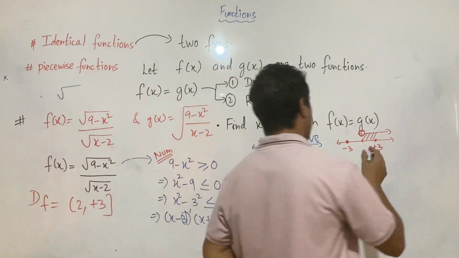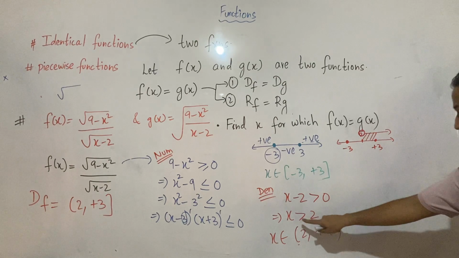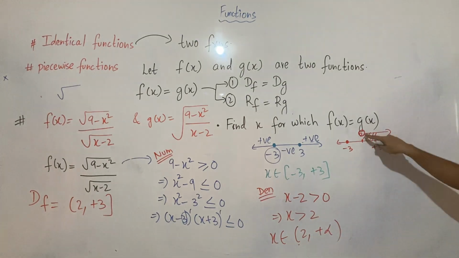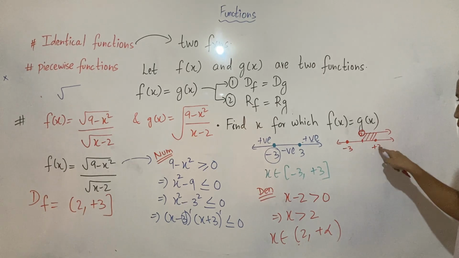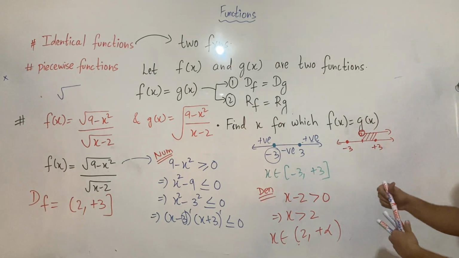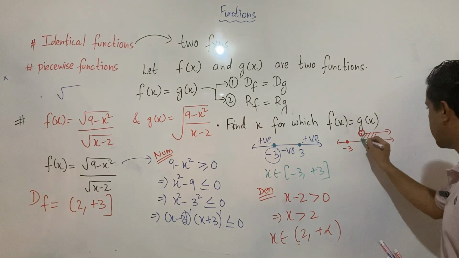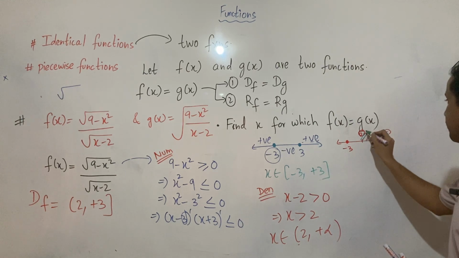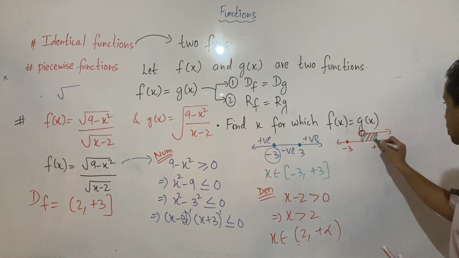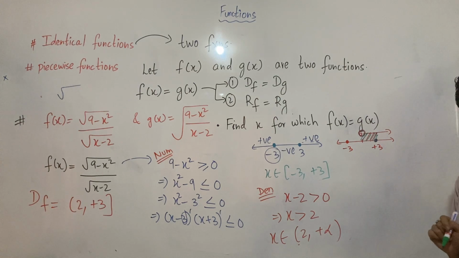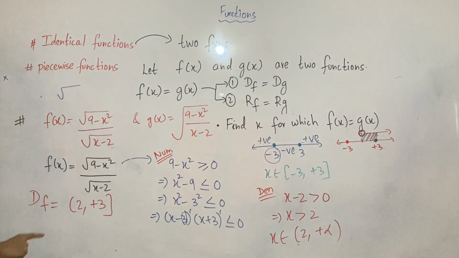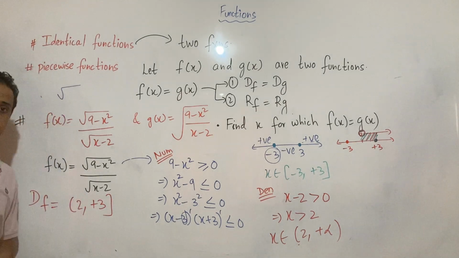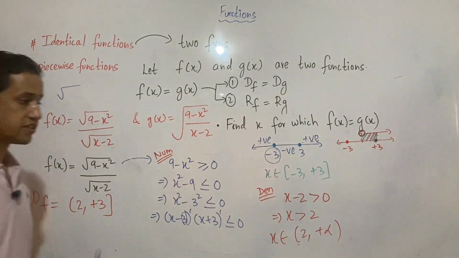Because see here, it says greater than 2, which means 2 to infinity, and this one says minus 3 to 3, and these points are included. So when you have to find the common region, what's going to be the common region? From this 2 to this solid dot 3, right? So open bracket 2 to closed 3, right? So I hope this thing is fine.